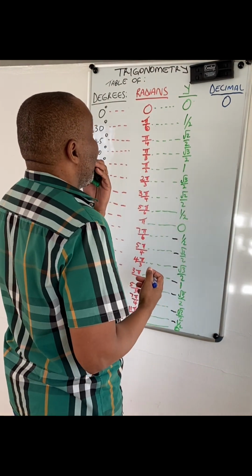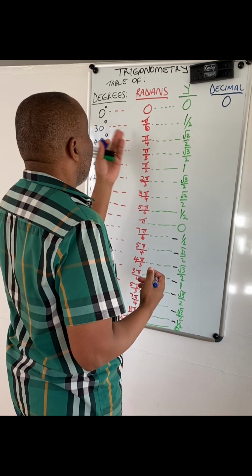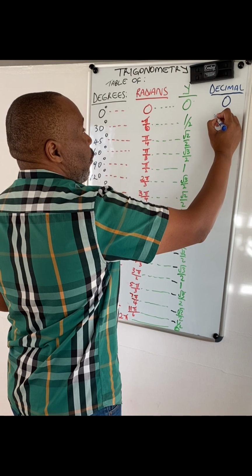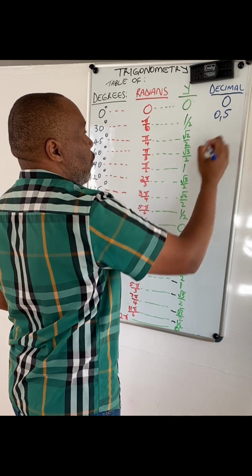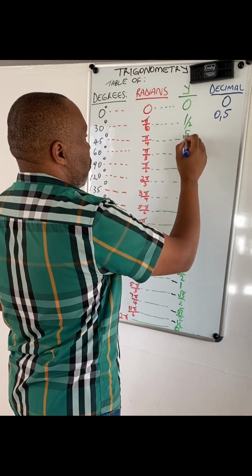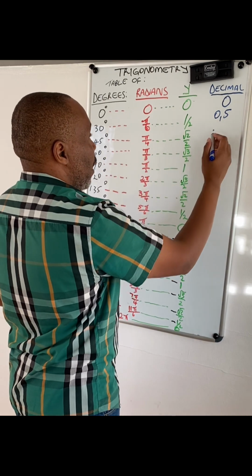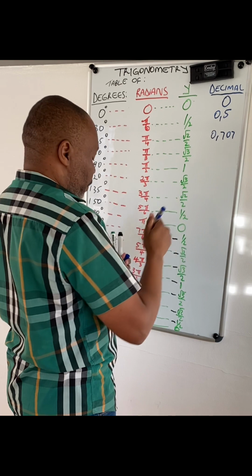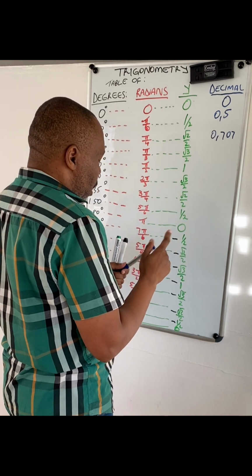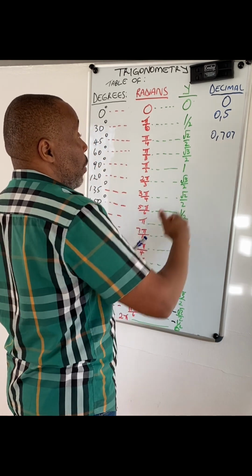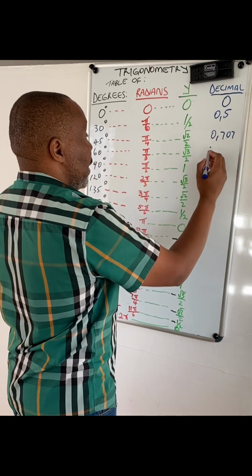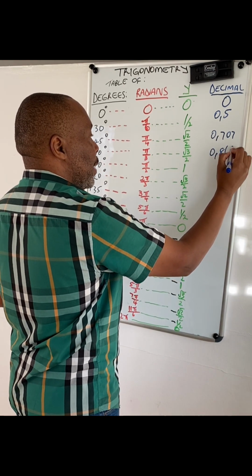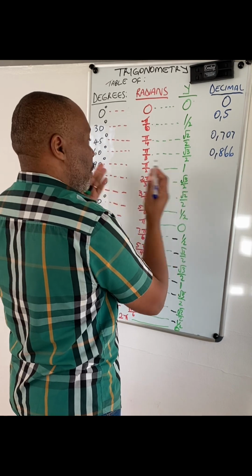At 30 degrees, the y value is half, and it is therefore 0.5. At 45, it is 0.707, taking 3 decimal places. At 60, it is 0.866. At 90, it remains 1.